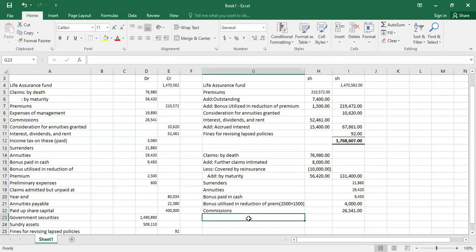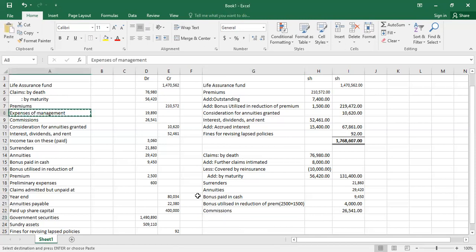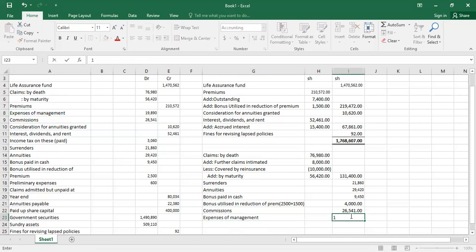Then I have management expenses of 19,890.